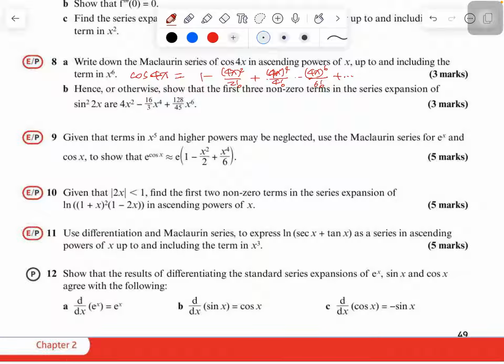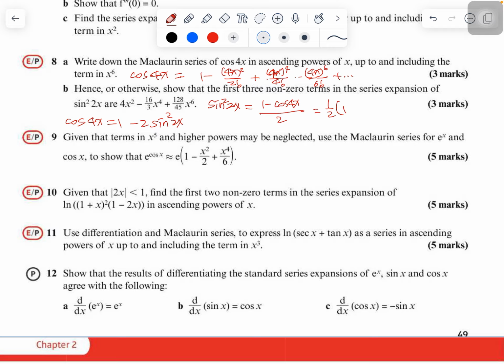So hence or otherwise, so that the first two zero terms, okay. So now we need to use the trigonometry identities. Because the cos double angle identity has the sine squared of 2x. So cos 4x becomes 1 minus 2 sine squared of 2x, because we know the cosine double angle identity already. So sine squared of 2x becomes (1 minus cos 4x) over 2.